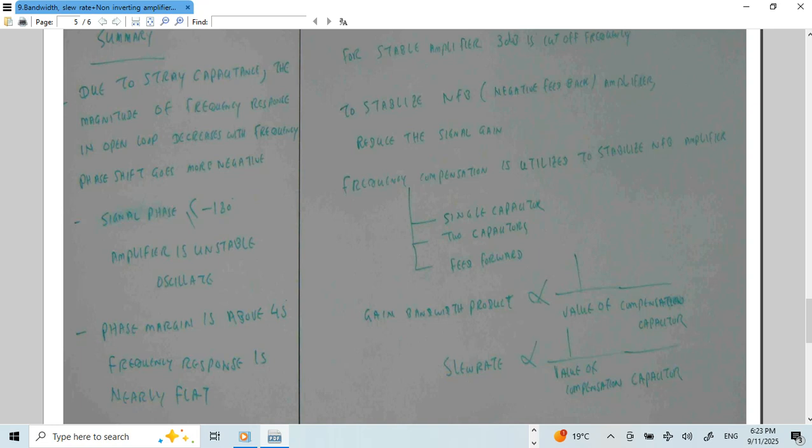The voltage you can calculate. So the gain bandwidth product and slew rate are inversely related to the value of the compensation capacitor.